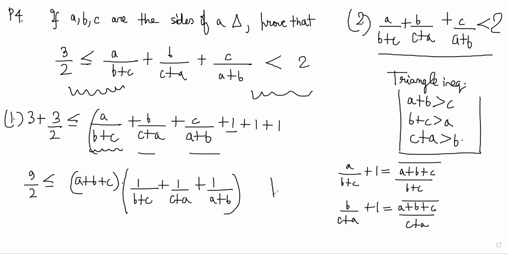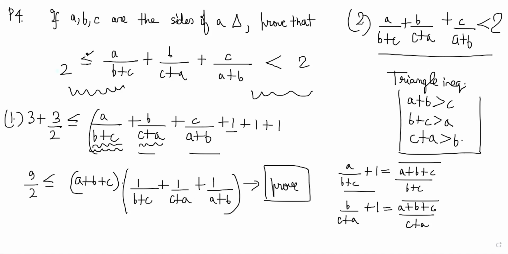This is what we have to prove now. This has happened because these terms are nice and symmetrical. One a by other two sides, b by other two sides, and so on. Therefore, we were able to add one and take common.